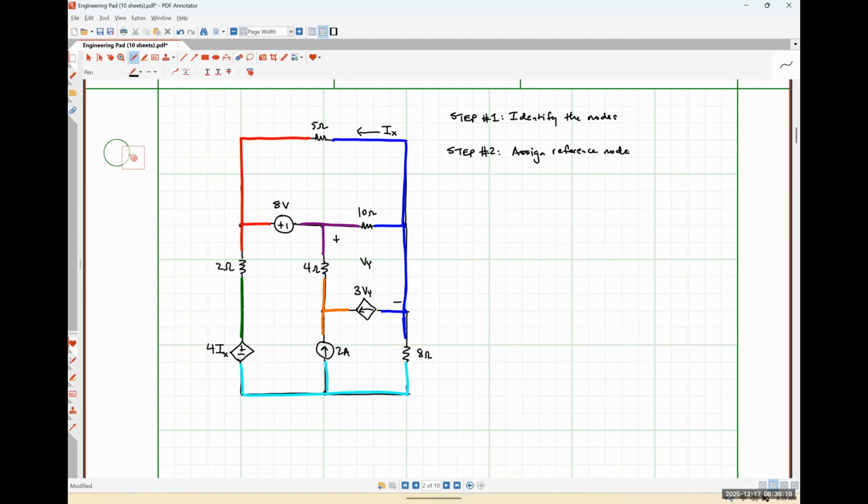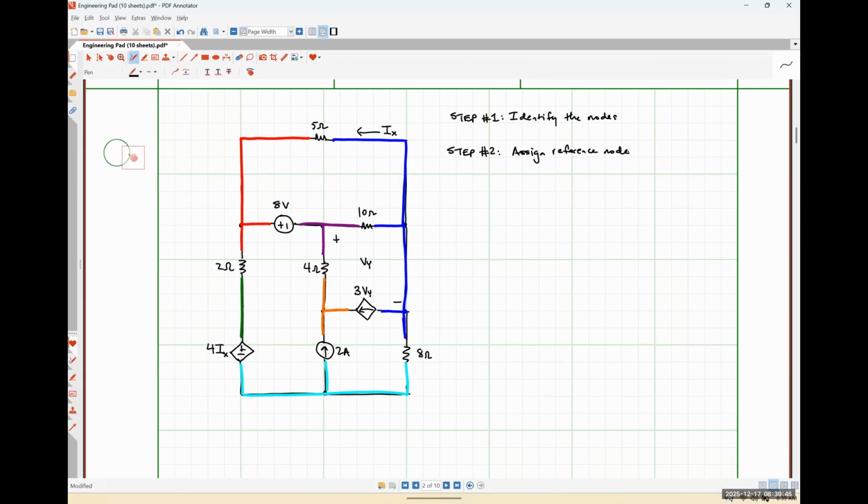Okay. Whenever we have voltage sources, the best choice for our reference node is the node that touches the most voltage sources. Okay. So our red node touches one voltage source, our purple node touches one voltage source, our green node touches one voltage source, and our light blue node touches one voltage source. So any of those is fair game to be ground.